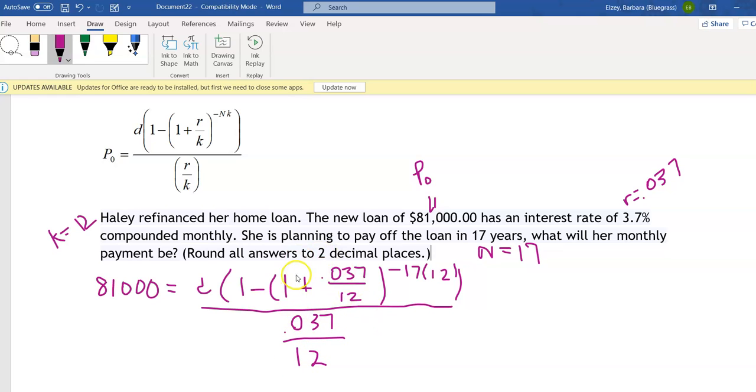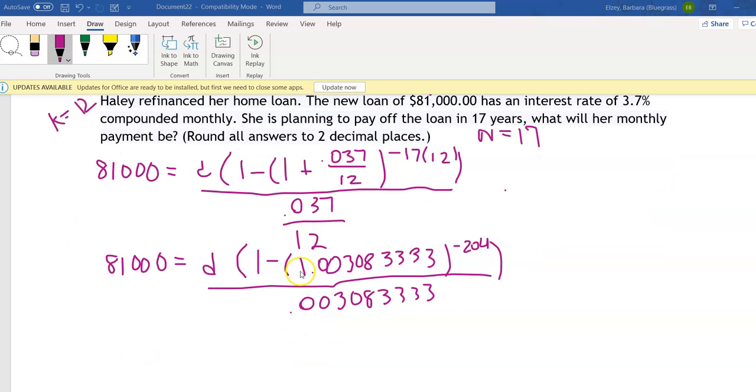Now, just as before, let's get the little parentheses first. So 1 plus 0.037 divided by 12. So that ends up being 1.00308333333. And I went ahead and multiplied my negative 17 times 12, and my exponent is negative 204. And then, of course, remember the bottom is always just this part of the decimal right here.